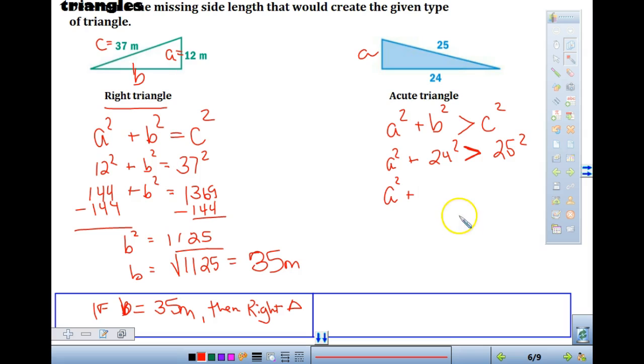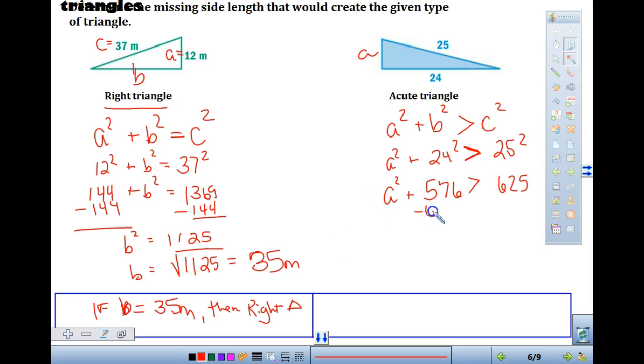Sorry, what did you say? 576. Greater than. Morgan, did you put in 25 squared yet? Yeah. What'd you get? 625. Remember, what do I have to do to find A squared? 576 minus 625.